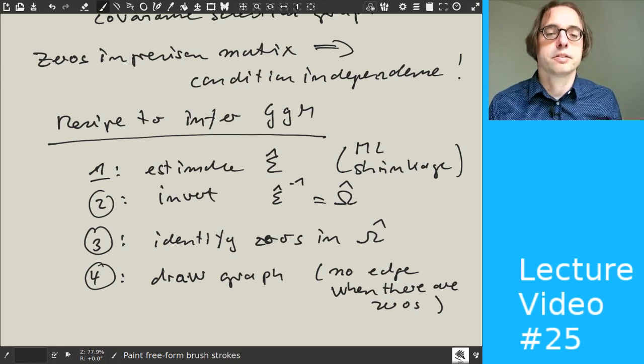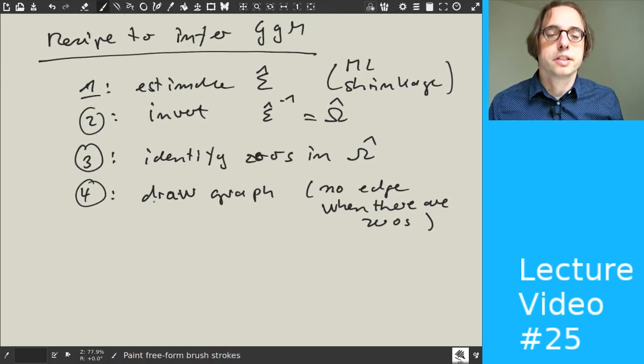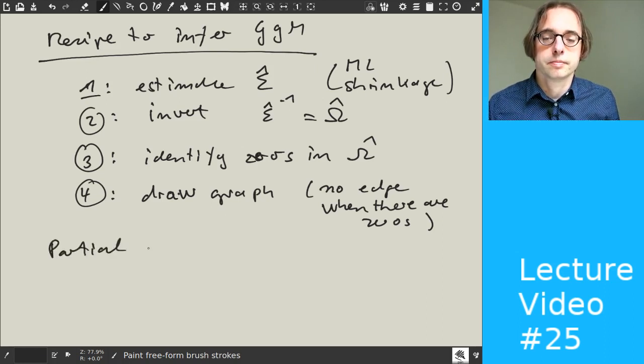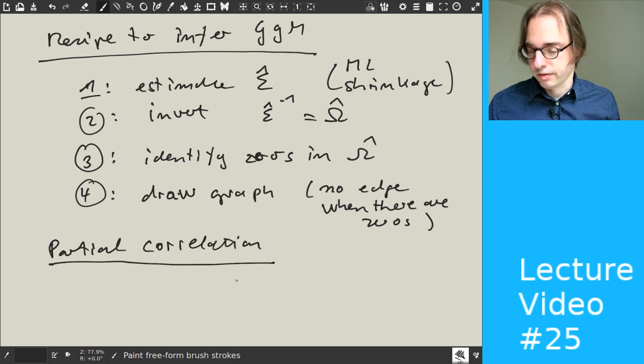So how do we actually interpret the whole thing? Of course we can interpret it in terms of conditional independence, but there's also another interpretation that's closely linked to this inverse. There is something called the partial correlation, which is defined as follows.